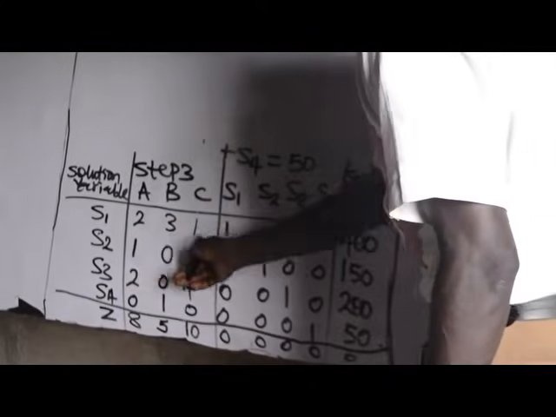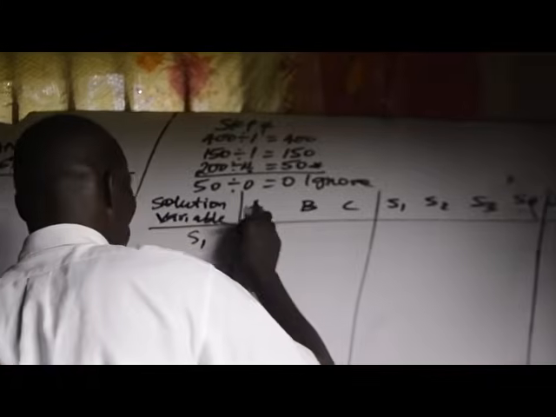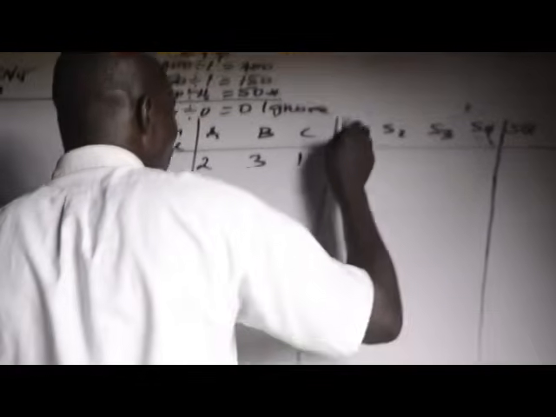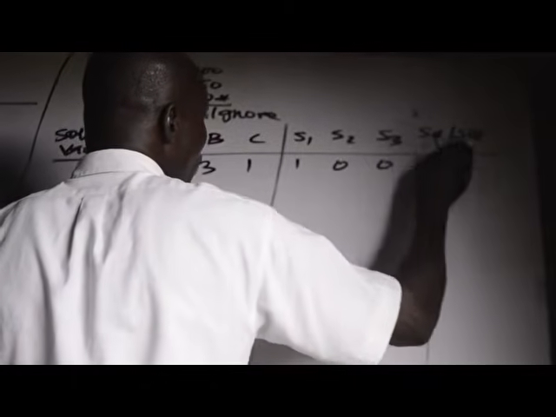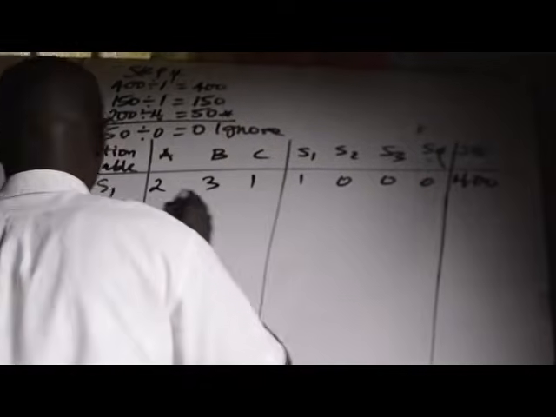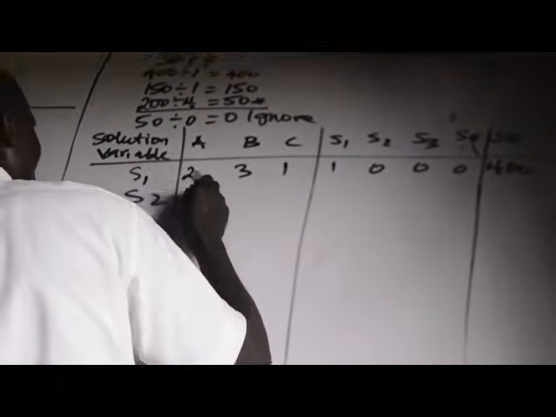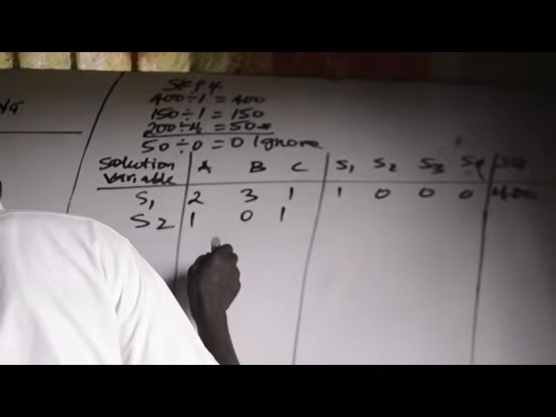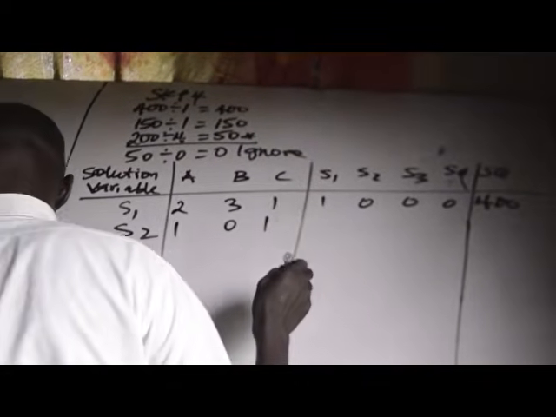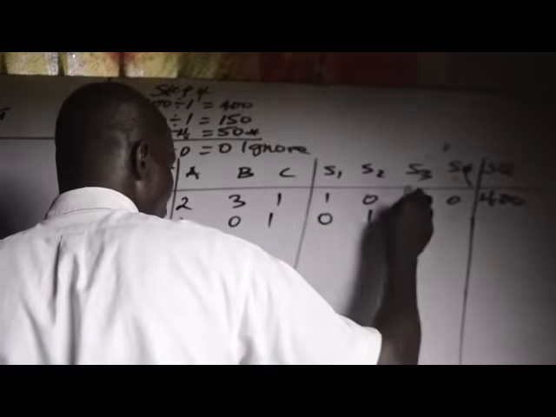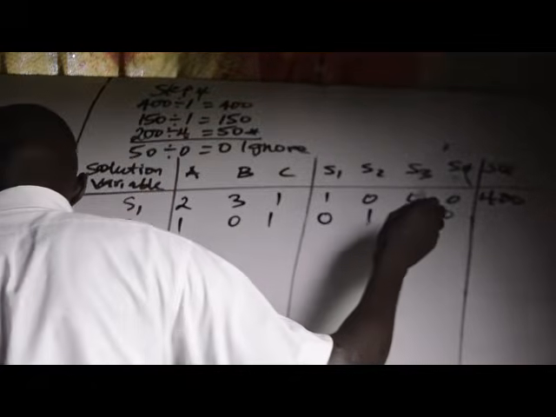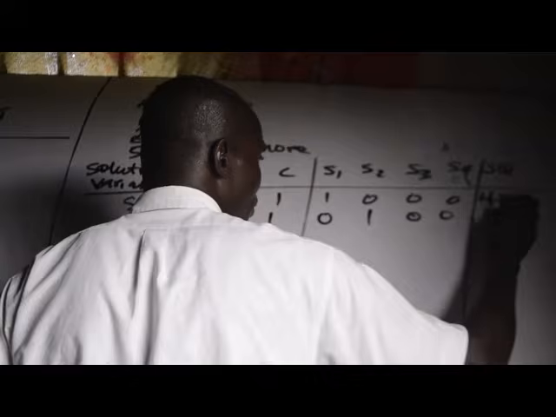I'm filling in the value there. S1: 2, 3, 1, 1, 0, 0, 0, 400. S2 from that table we have 1, 0, 1, 0, 1, 0, 0, and that is 150.